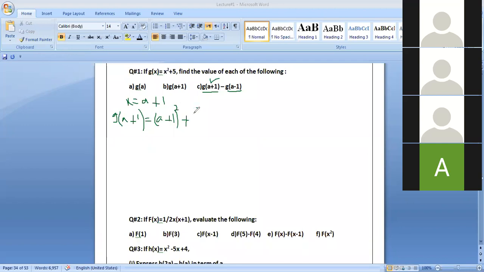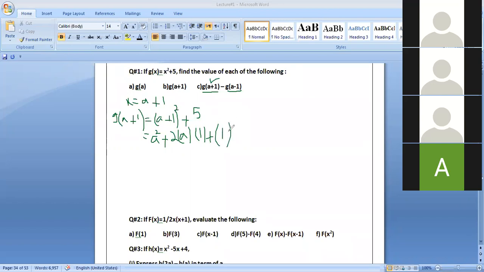Okay students, and then open the bracket with the help of a formula. When we have two terms inside the bracket with a plus sign and the outer power is square, it will open with the help of the formula: a square plus 2ab, as we solved in part B.